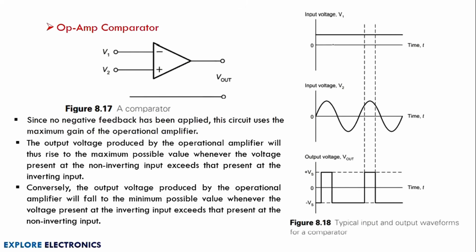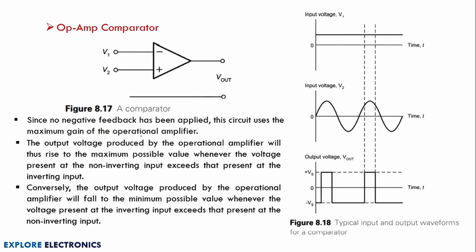When V2 is less than V1, we are going to get the lowest value. Since there is no feedback connected here, the output of the op-amp will be maximum, right? Maximum in the sense up to the power supply voltage that we are going to give, the voltage is going to be raised.